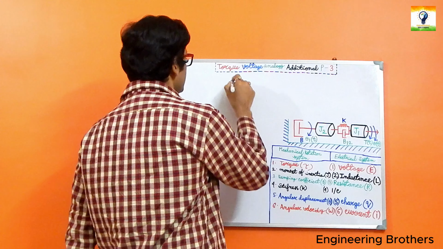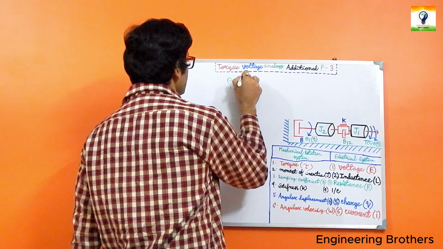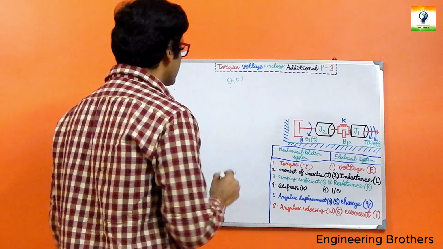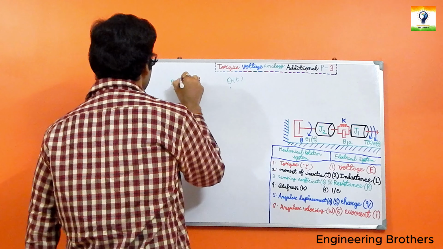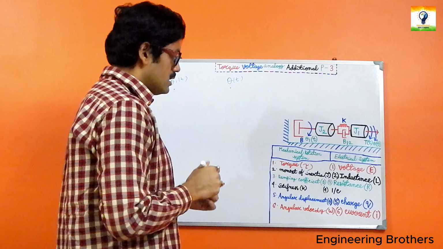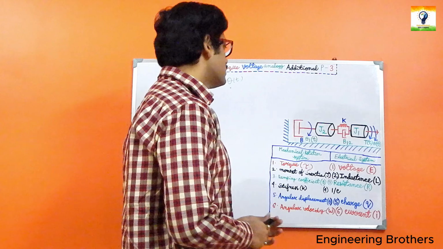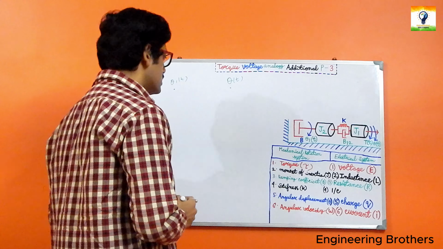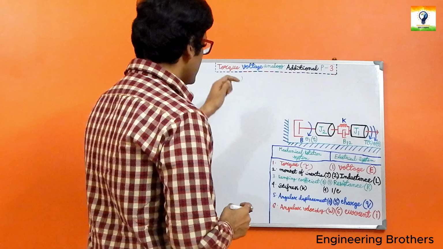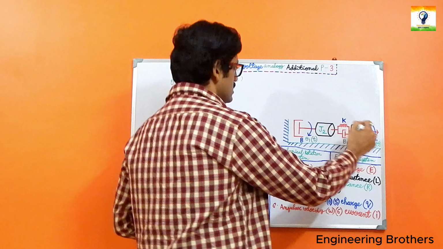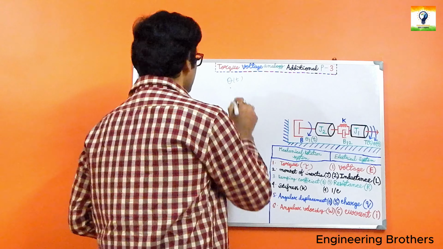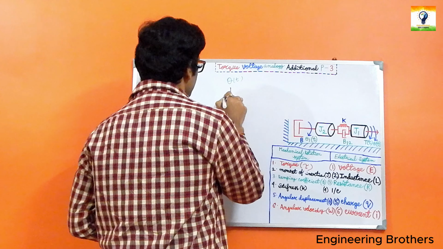In our extreme right hand side we have theta t, and on this side we have theta 1t. Let us see what elements are connected with these angular displacements. In the extreme right hand side we can see that J1 is present, so let us include J1 here.